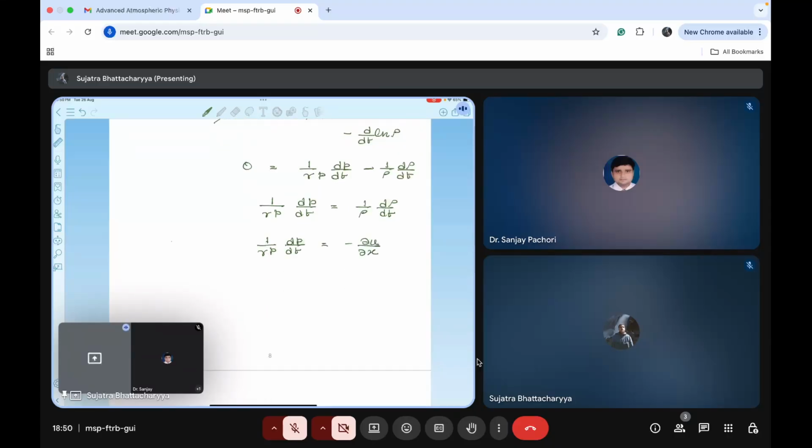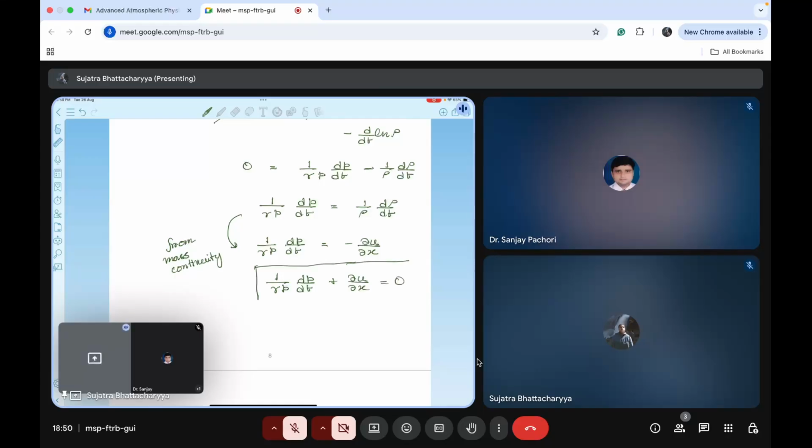From where? From mass conservation, or mass continuity. So finally the equation comes out to be 1 upon gamma p dp/dt plus delta u by delta x equals 0.